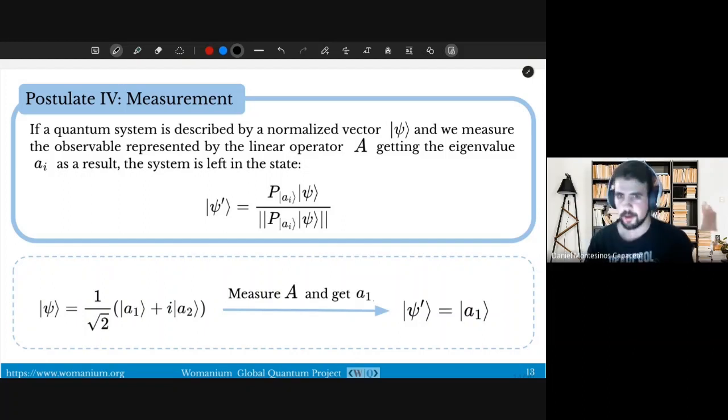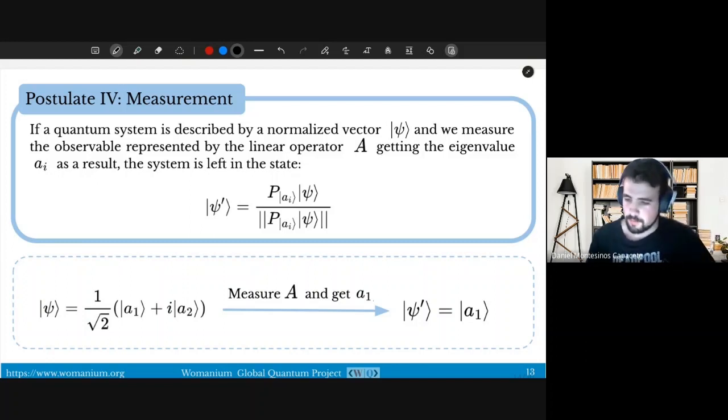This is also very important. So what happens when you measure the system? Because you know in quantum there is quite a trouble to understand this properly. When you measure a system, you are interacting with the system in some way, because if you weren't interacting with the system, you wouldn't be measuring, right?